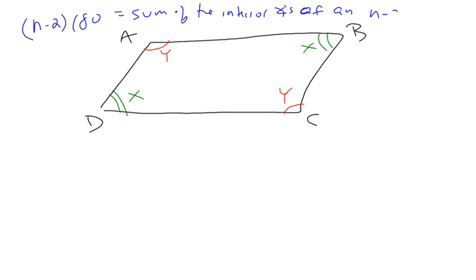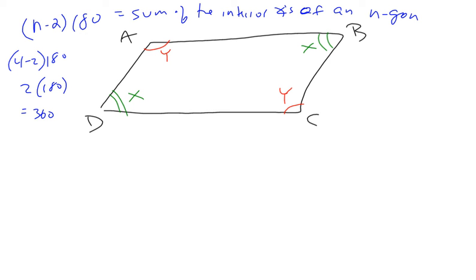So in our case, our n-gon is a quadrilateral. It's a four-sided figure. It's got four angles and four sides. So I know that 4 minus 2 times 180 is equal to 2 times 180, which is equal to 360.